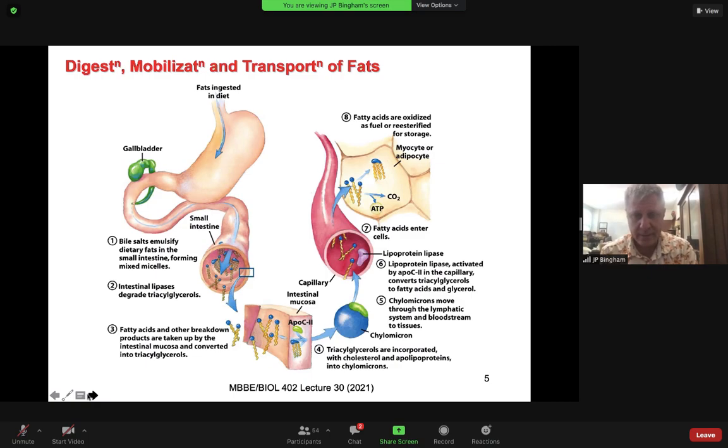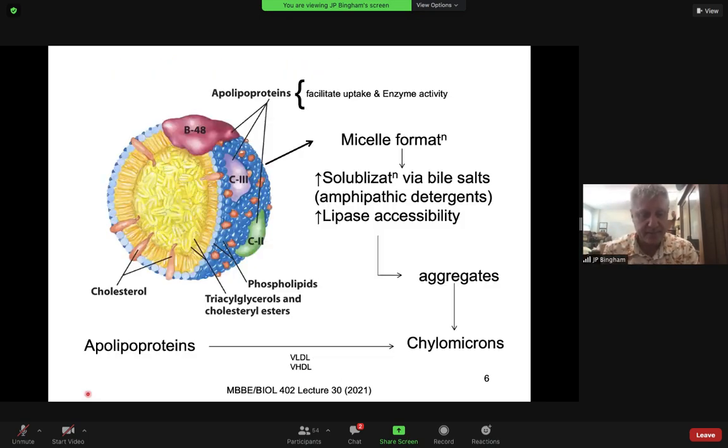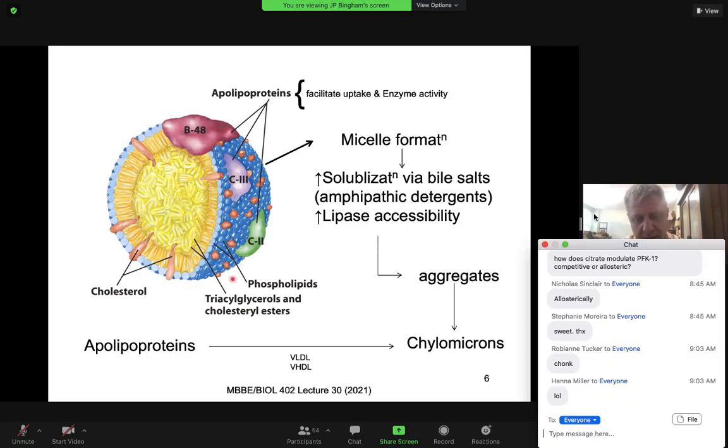So we talked a little bit about the transport system and this reesterification, degradation, reesterification, depending on what we want to do with those fatty acids. So here's our lipoprotein in regards to this carrier, which is going to be carrying all the triacylglycerols embedded in a membrane, a micelle, so to speak.